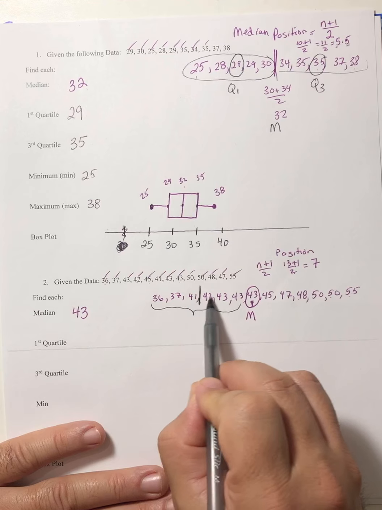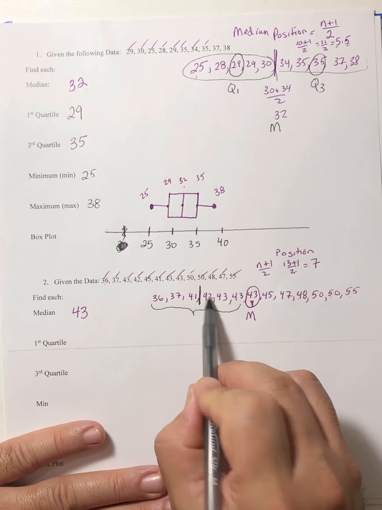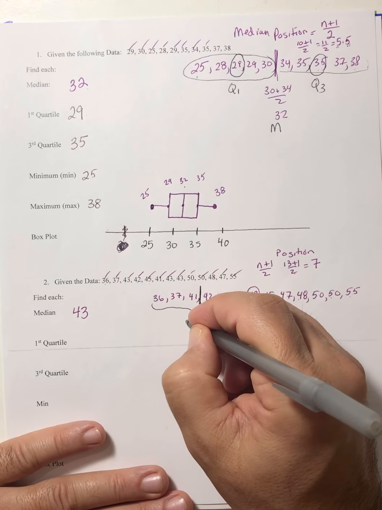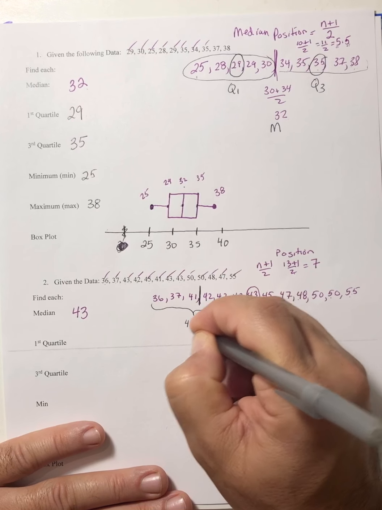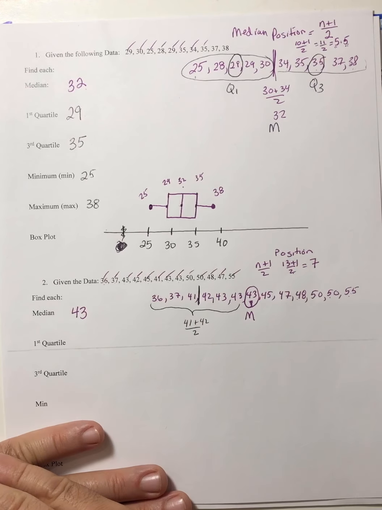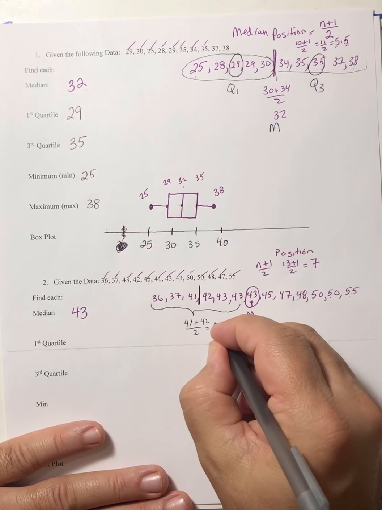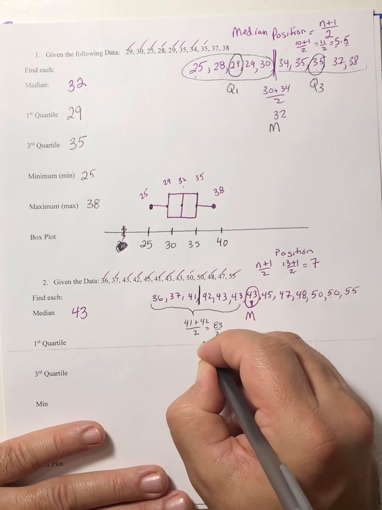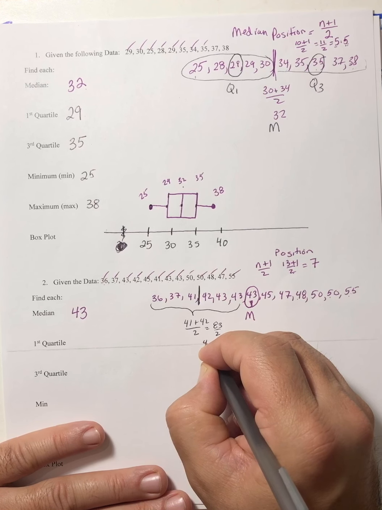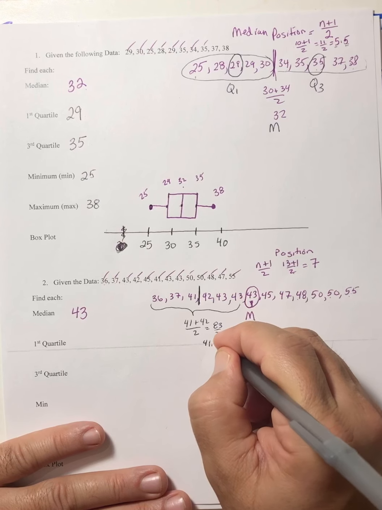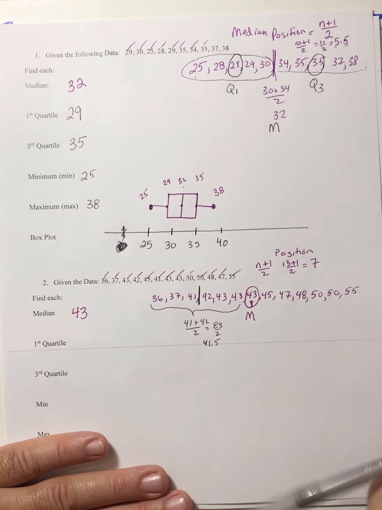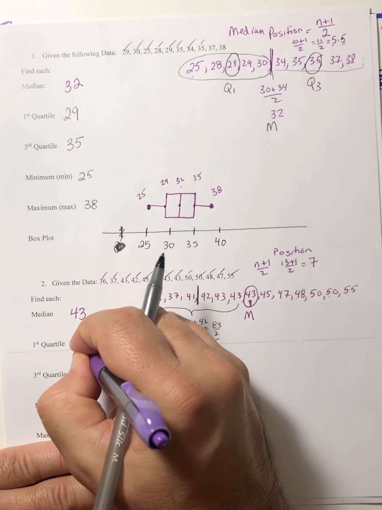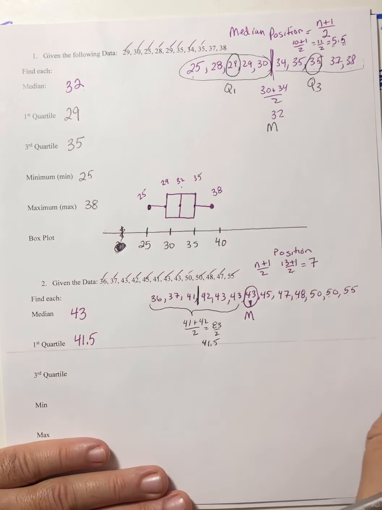We're in between 41 and 42. Okay, so with that said, we have to do 41 plus 42 divided by 2. Okay, so what's this? 83 over 2, which is 41.5. So the first quartile is 41.5. Who cares it's a decimal?